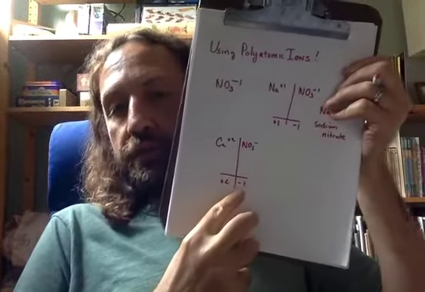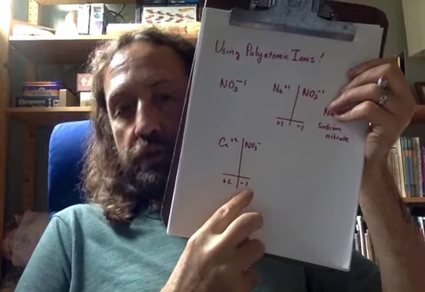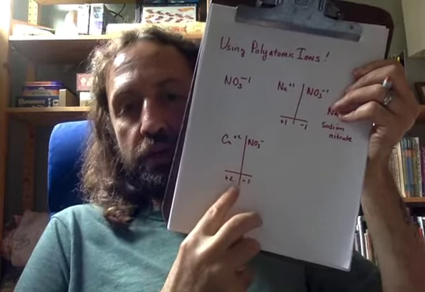So if we pair that nitrate with a calcium, which is a +2, and nitrate is always a -1, so +2, -1, they don't equal. 1 is smaller than 2, so I'm going to add another nitrate.